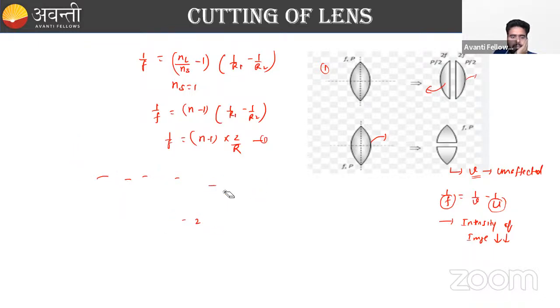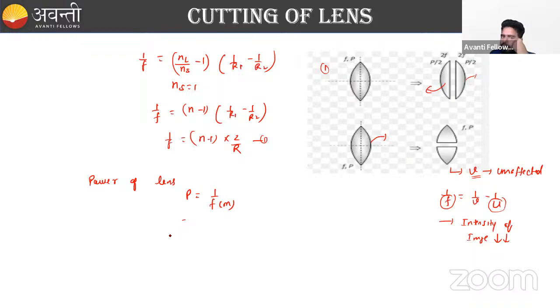And after applying the formula, we can say what is the exact relationship between power and focal length. If we define the power of a lens, the power of a lens is defined as 1 upon focal length in meters, where power is represented in diopter.